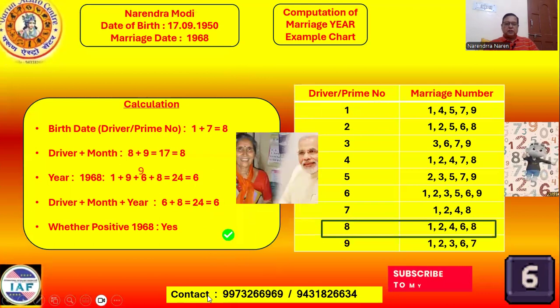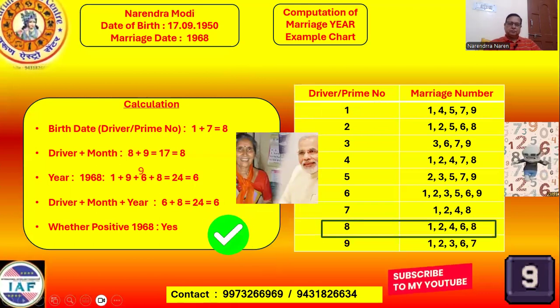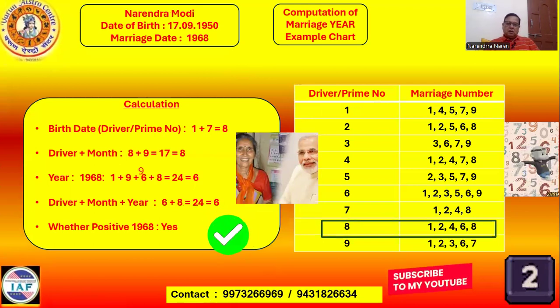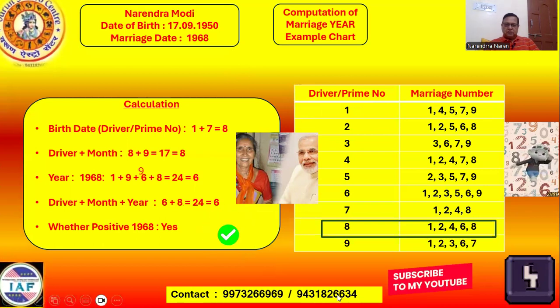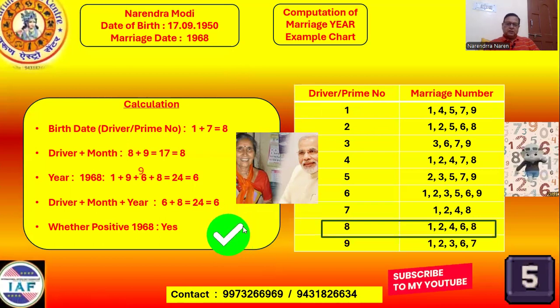This relates to Narendra Modi. Date of birth is 17/9/1950, and the marriage year available on the site is 1968.